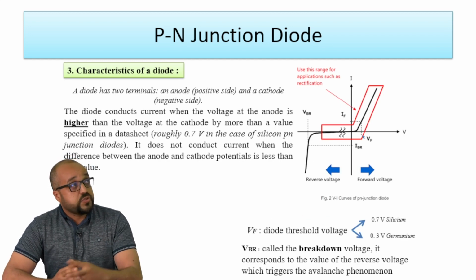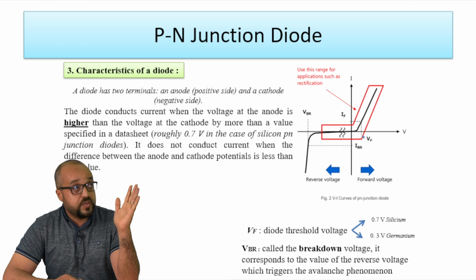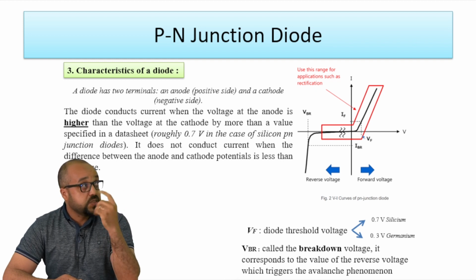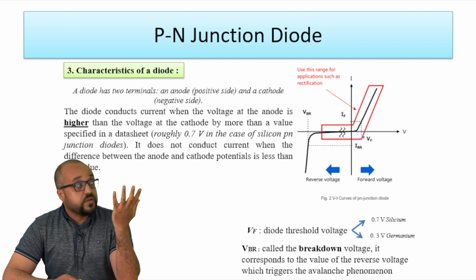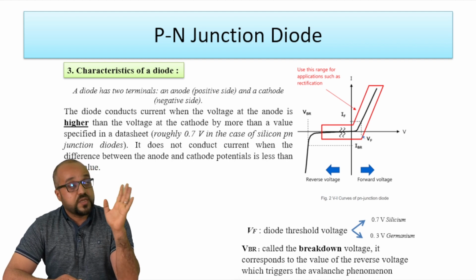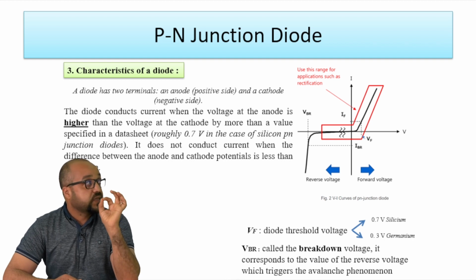As you see in the picture of the IV characteristics, the diode has in fact two sides. We have the positive voltage, meaning the forward voltage, and we also have the negative voltage, meaning the reverse voltage. The diode conducts current when the voltage at the anode is higher than the voltage at the cathode by more than a value specified in the data sheet.